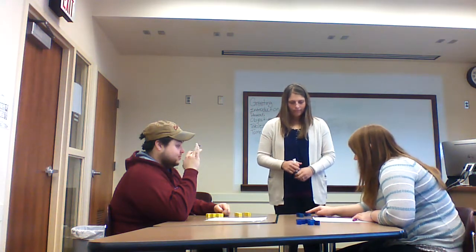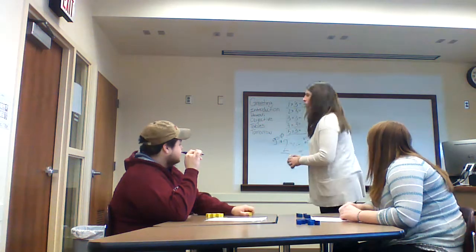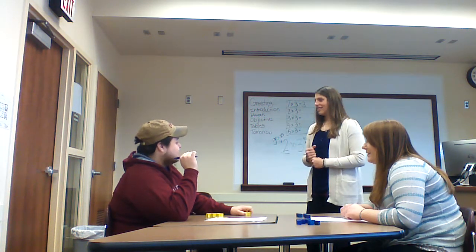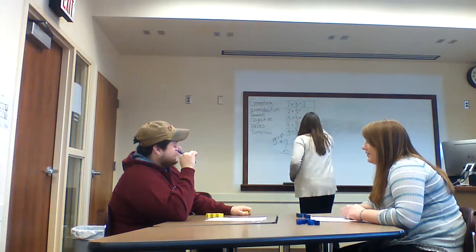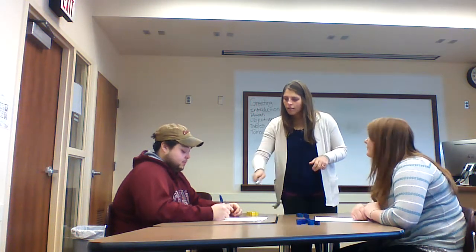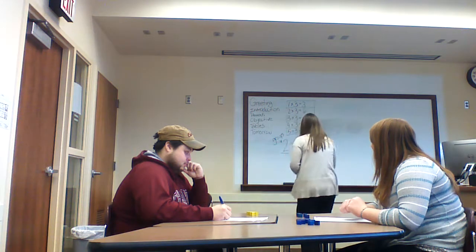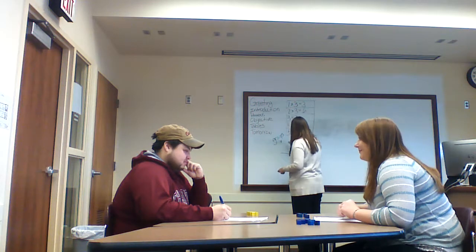And how many blocks is that total? 1, 2, 3, 4, 5, 6. So what is 2 times 3? 6. What do you think, Dan? Yeah. 6. All right, so let's fill in our chart with that. How you guys doing on your charts? Got it. Oh, that looks really nice, Dan. Good job, man. Perfect.